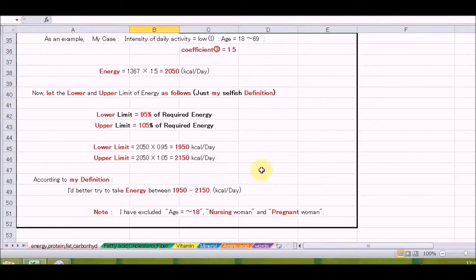According to my selfish definition, I'd better try to take energy 1950 to 2150. Now I have to say I have excluded age under 18, nursing women, and pregnant women.